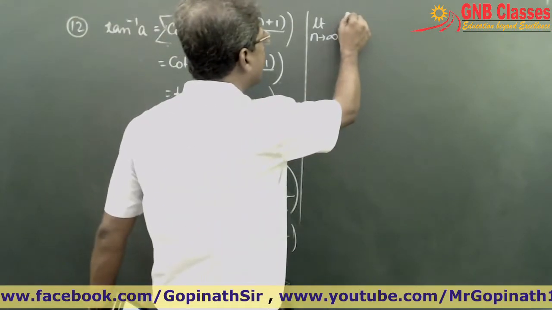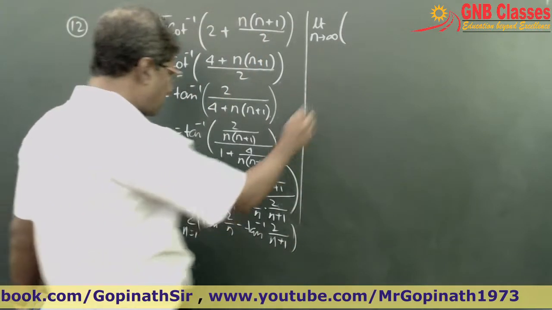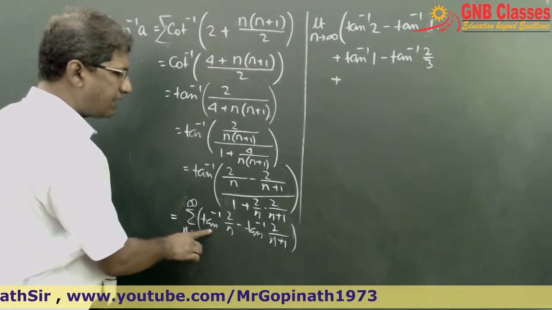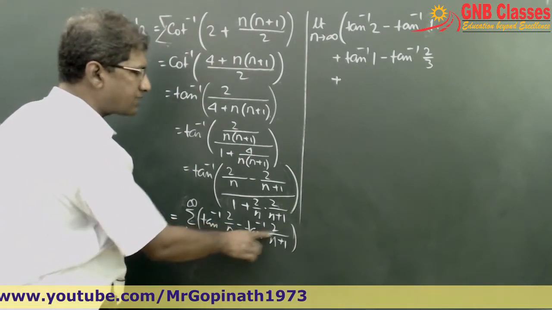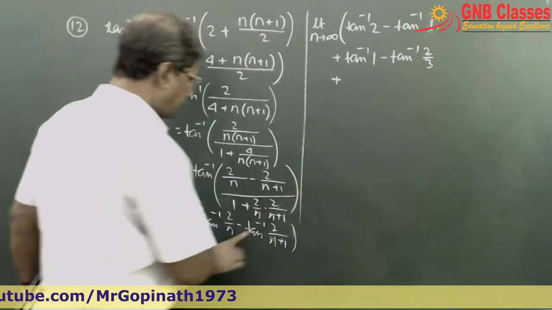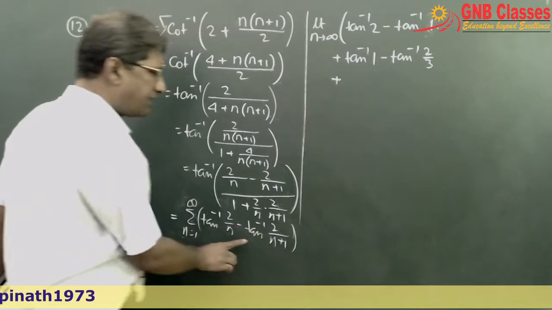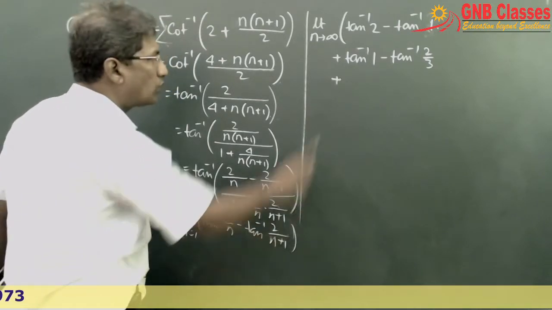So what are we going to get here? In place of n, if we put 1, for the first case we are getting tan inverse 2 minus tan inverse 1. And if in place of n we put n equals 2, we are getting tan inverse 1 minus tan inverse 2 by 3.